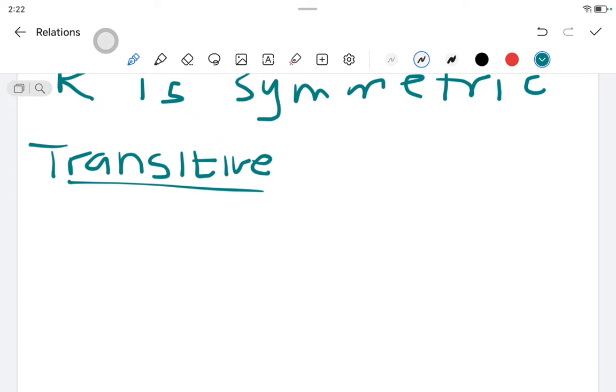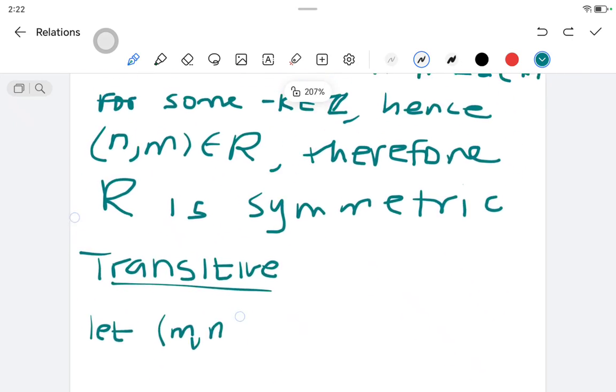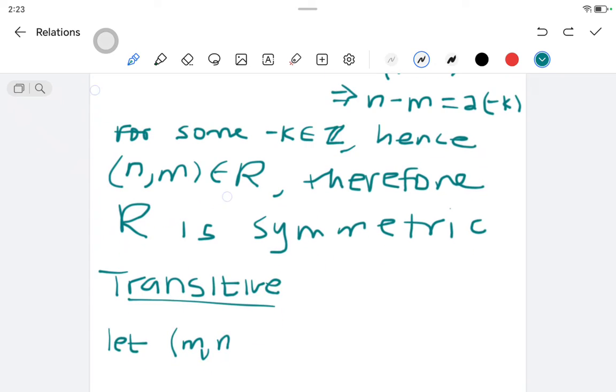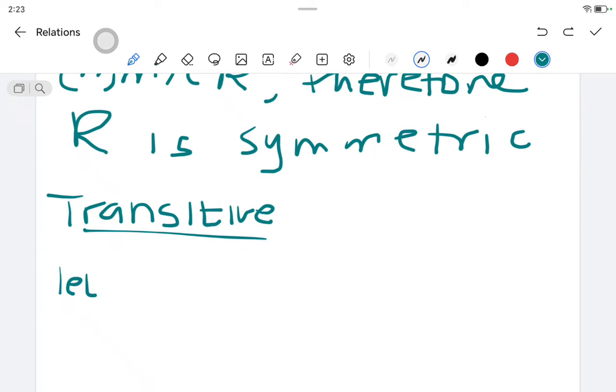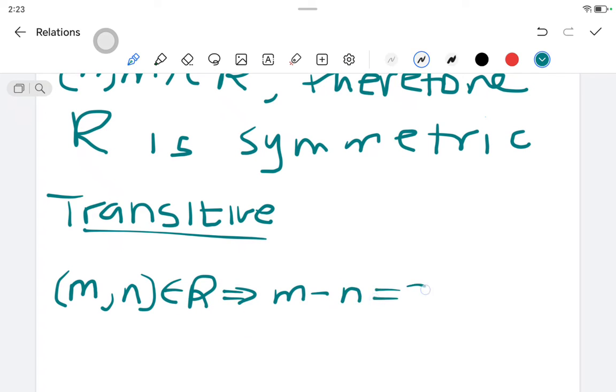Now for transitive, we need to take 3 elements. Remember (m, n) being an element of R implies that m − n is equal to 2k.